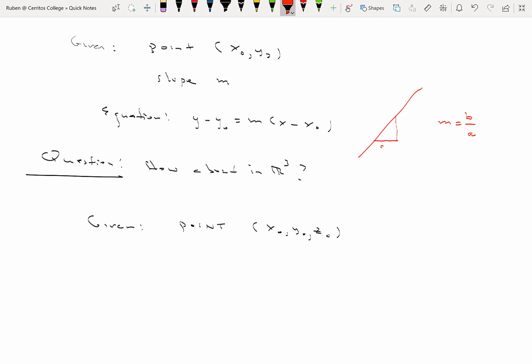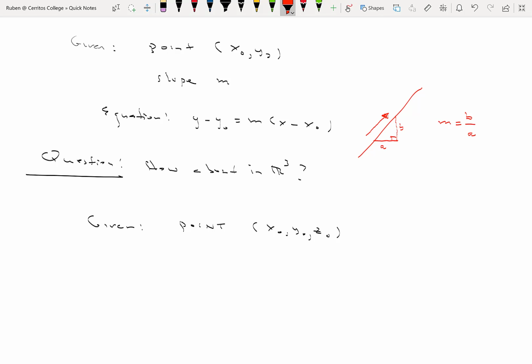then we could look at the geometry as a being your run and b being your rise, and we could replace that slope with a vector. We could replace that slope with the vector that I'm positioning along the hypotenuse of that little right triangle.